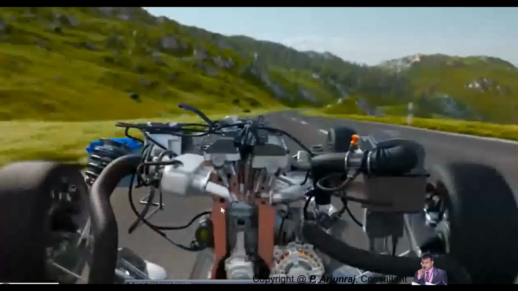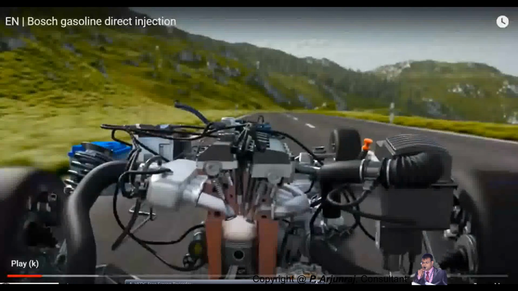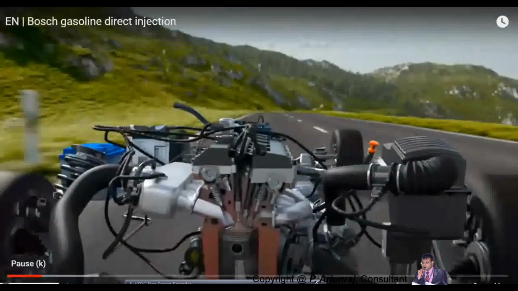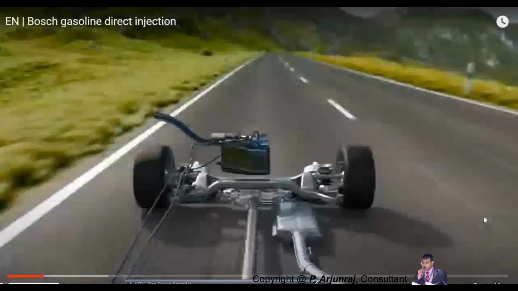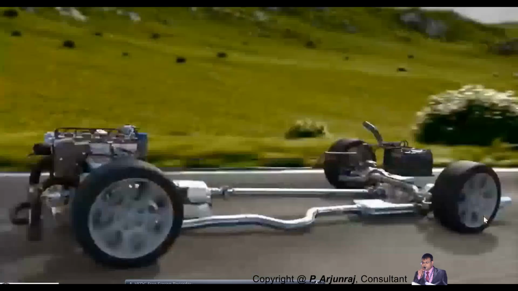So the air-fuel mixing will happen in the combustion chamber. You see, directly the fuel gets injected into the combustion chamber in the case of GDI. This improves the fuel efficiency, the emission is going to be lesser, and the torque and power are going to be higher.